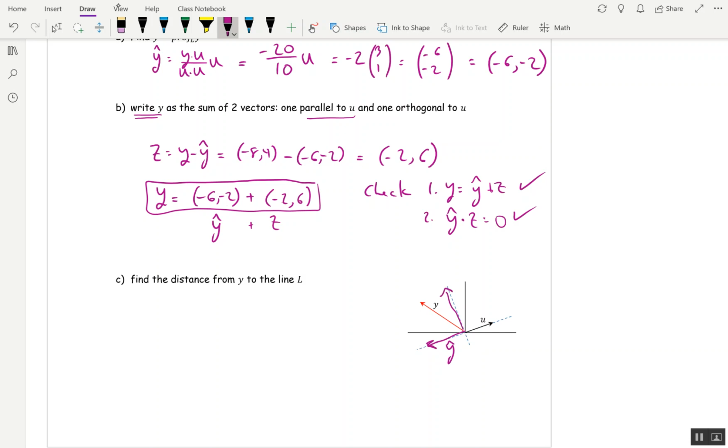So this would be z. And if you translate z over here, you can see that the length of z gives the distance between y and y hat. So that would be the distance from y to the line L. And so this last part, we want the length of z, which is the square root of 4 plus 36, which is the square root of 40.